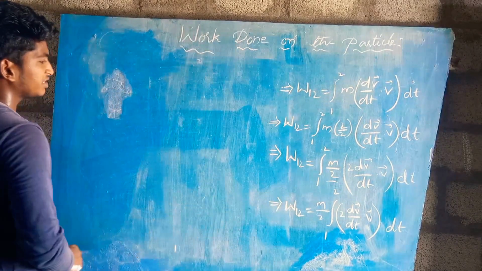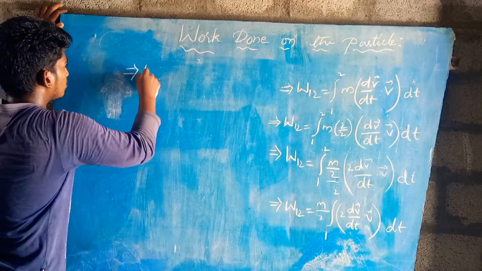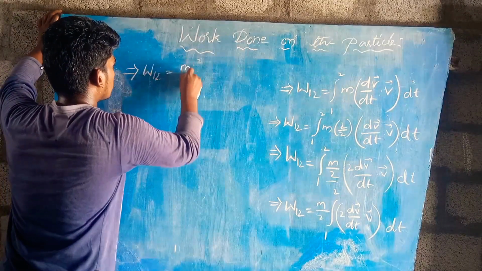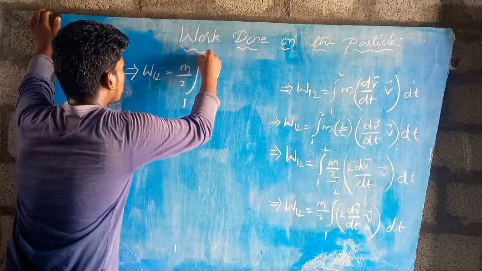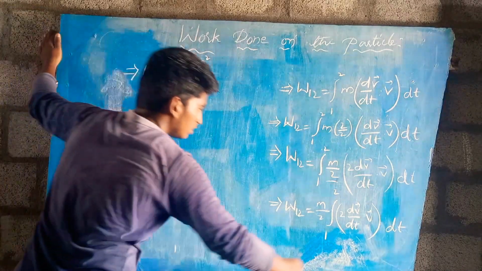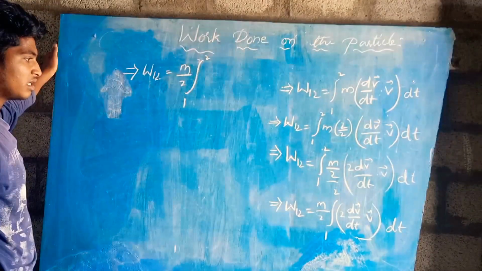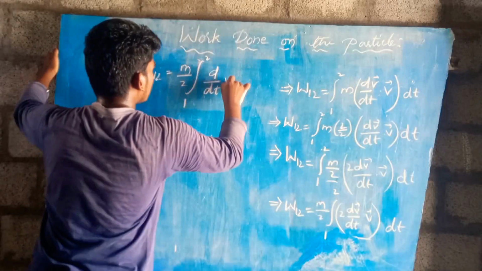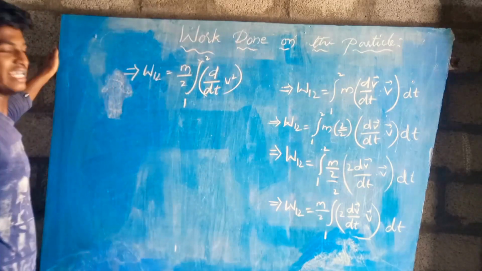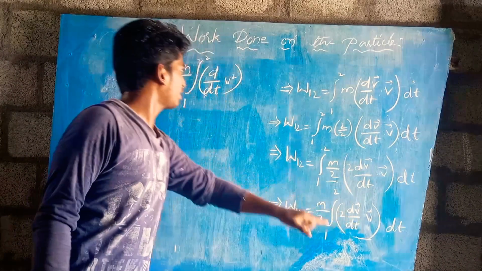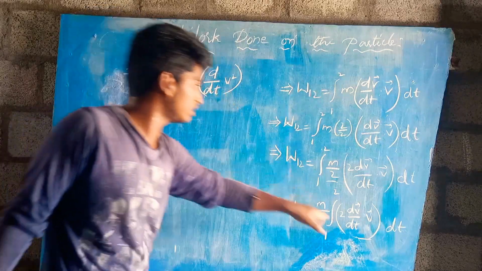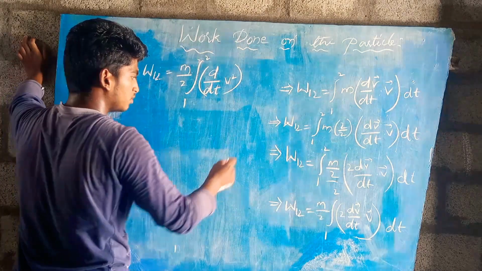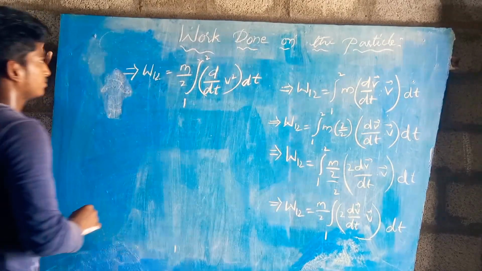From that equation, we get W12 is equal to m by 2 integral 1 to 2. So 2 dv by dt times v can be represented as d by dt of v square, because of the derivative of v square. So we get this times dt.